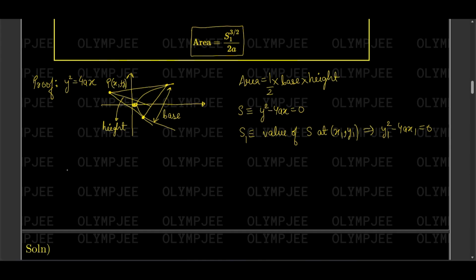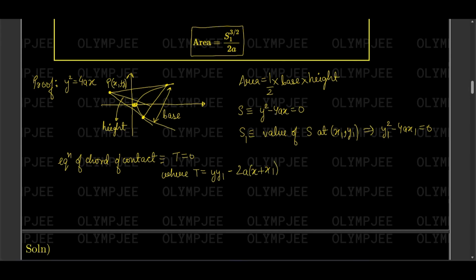Now we know the equation of the chord of contact, the equation of this line, is given as T is equal to 0, where T is y into y1 minus 2a into x plus x1.